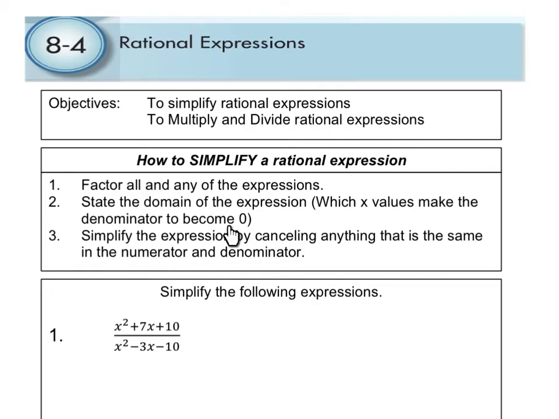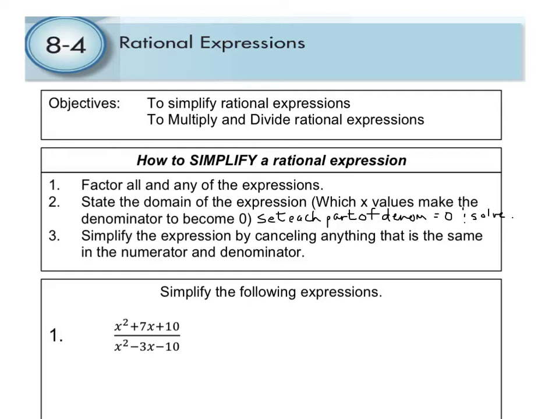You're going to set each part of the denominator equal to 0 and solve. That's how you find the domain. So you take each part of the denominator, set it equal to 0, and then solve it. That will give you the domain of the expression.